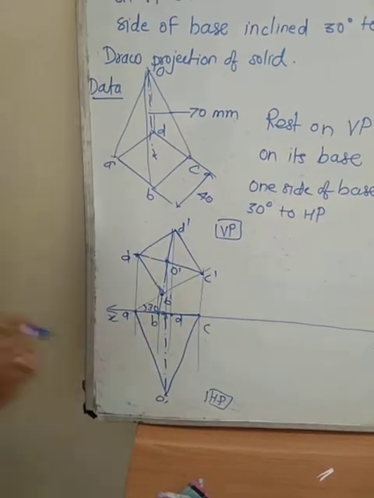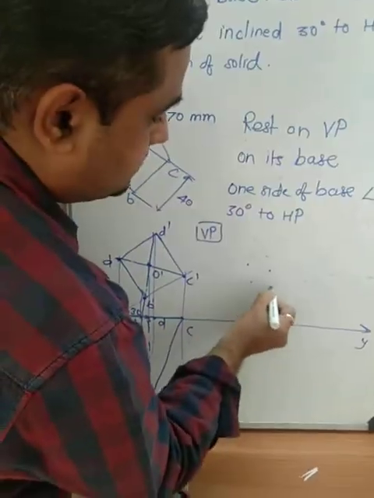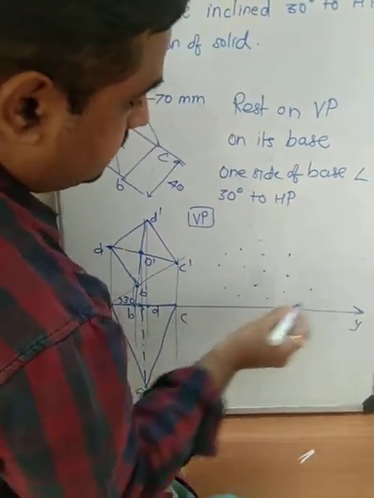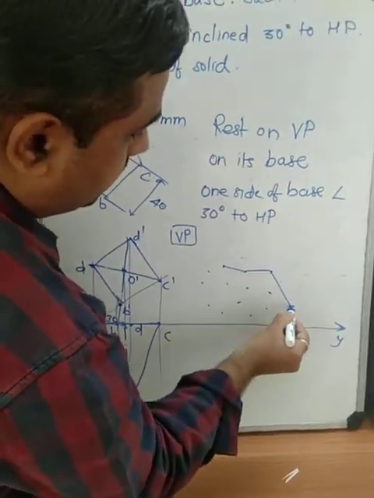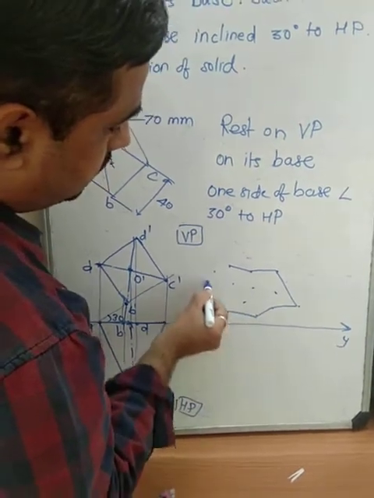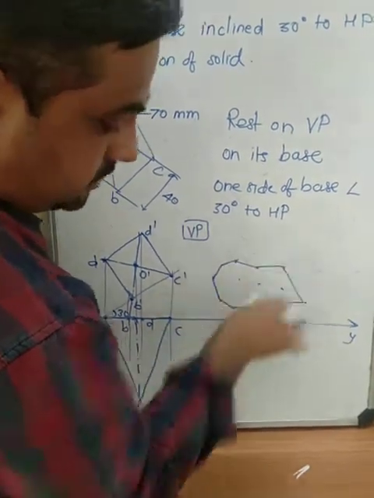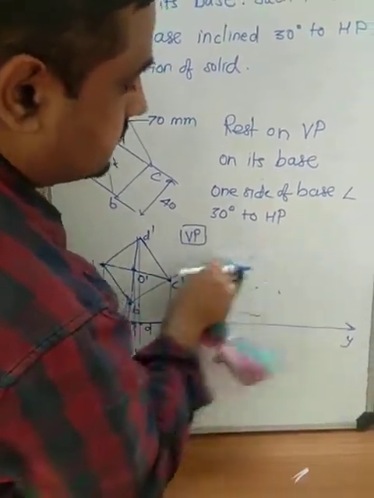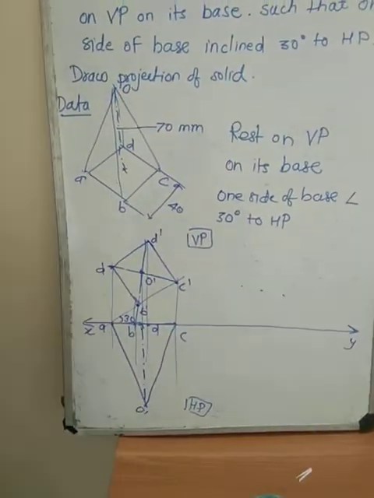Again I am repeating, if you have a number of points like that, you have to join the outer boundary, not the internal points. So the same rule is applicable over here.